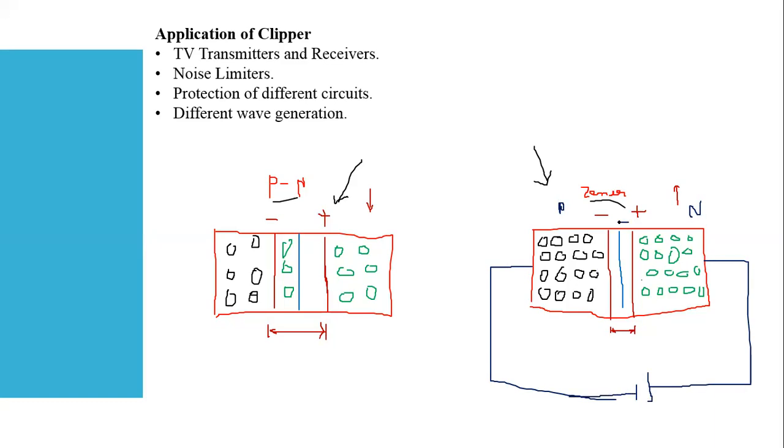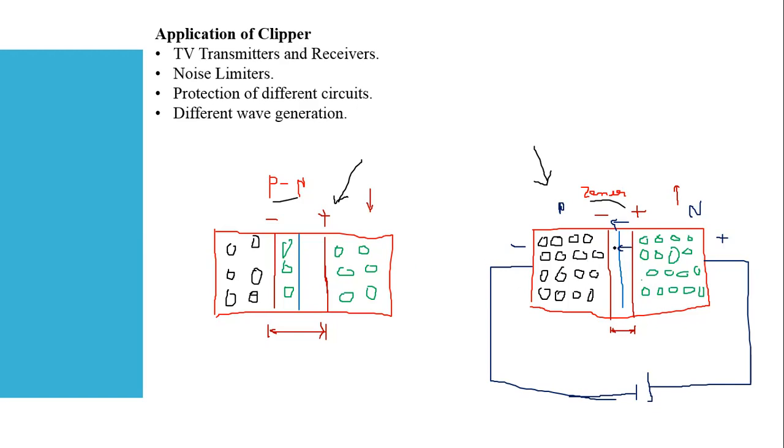Previously the electric field intensity was in this direction, but now the electric field due to the external supply is also supporting it, right? Yes or no? Because this is at negative potential and this is at positive potential. So both the fields are in the same direction, and that's why you can see this intensity is going to be increased, right?